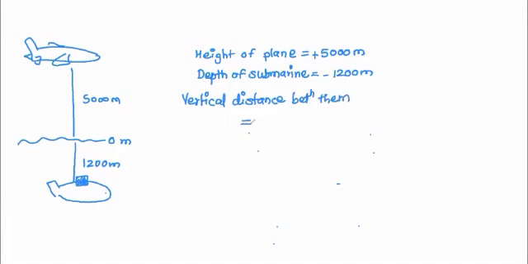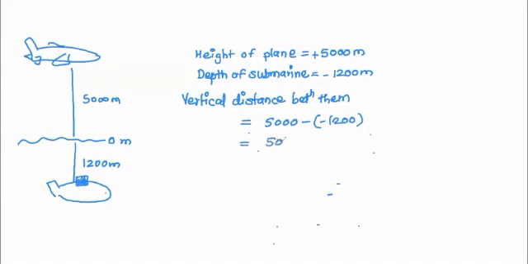So whenever we want to find the difference and we have not been told from where to where, what we need to do is subtract the smaller number from the bigger number. So here we are going to take 5000 minus minus 1200, and hence we'll rationalize the signs.